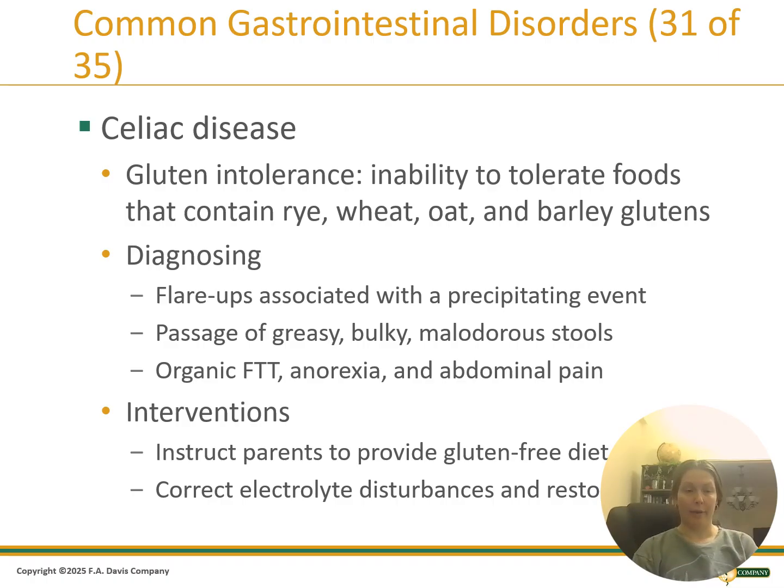So your immediate correction is going to be looking at this person's electrolytes and restoring those, and then the lifelong management is going to be an important intervention you do. However, that's not going to be your priority.